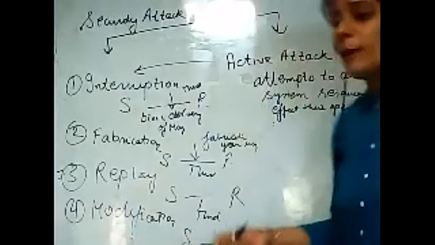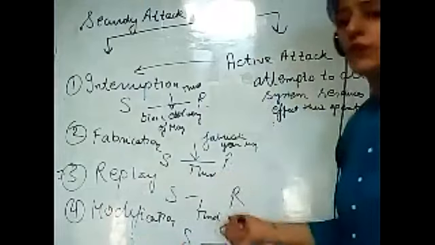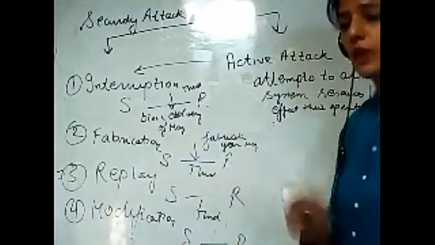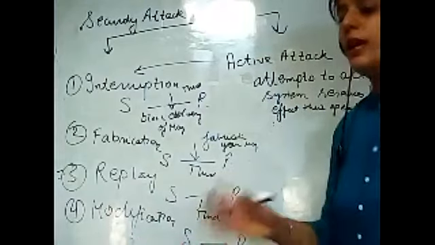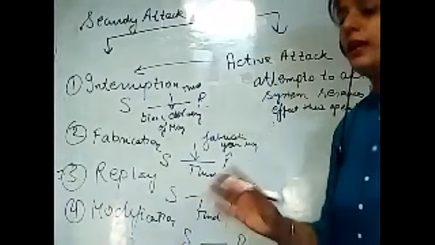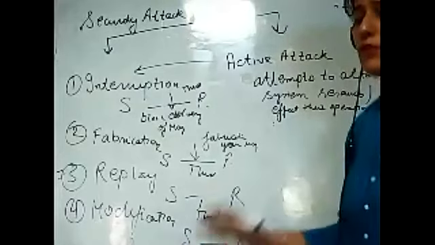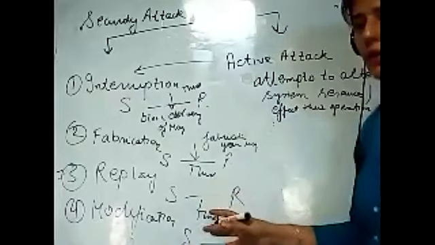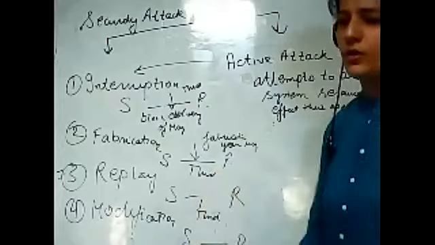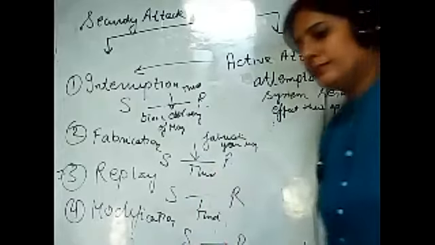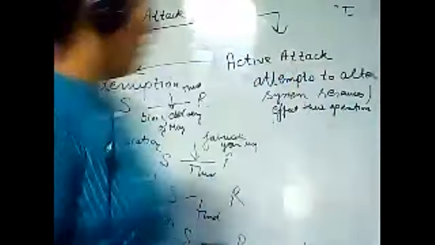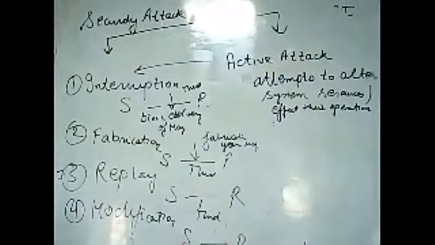Why is it easy? Because we can confirm afterwards with the receiver whether the content I delivered to you is the right content or not. So it is easy to detect, but hard to stop, because we don't know at what particular end the third party will alter your system. So this was all about how we are handling these attacks.